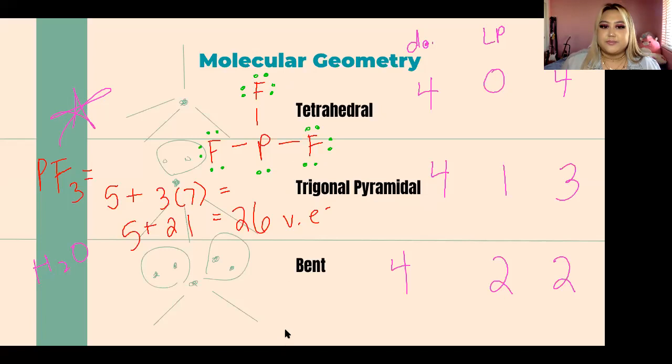So technically everything fulfills the octet rule, right? This has 8, this has 8, this has 8, this also has 8, except this one is not a bond, it's just a lone pair.